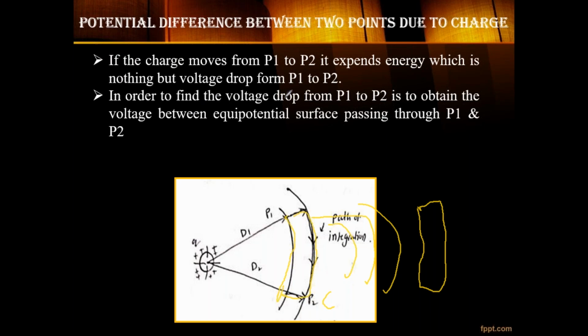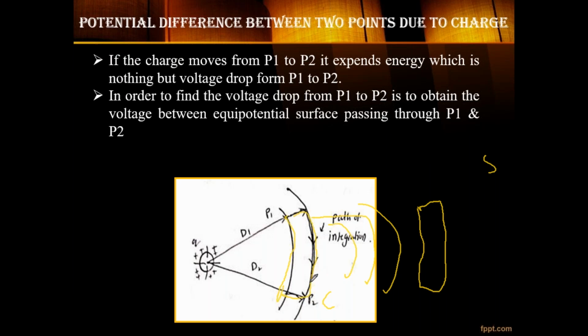In order to find the voltage drop from P1 to P2, we obtain the voltage difference between the equipotential surfaces passing through P1 and P2. Why? Because a stranded conductor and a solid conductor have different surfaces. In a stranded conductor, a number of strands overlap with each other and there is a large gap between the strands.